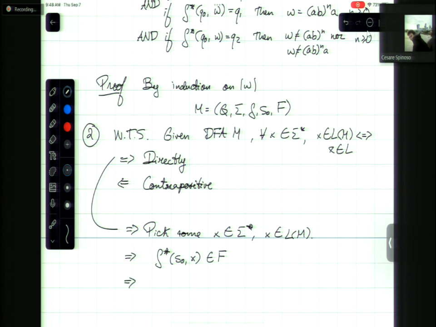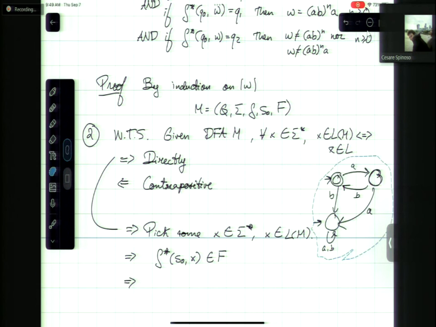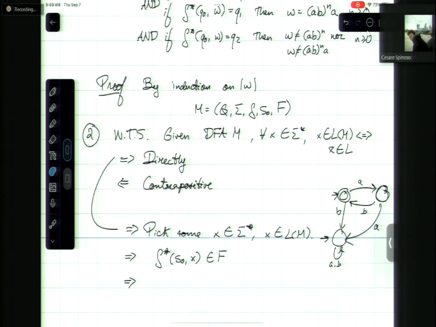Remember, the machine looks like this, where this is Q0, this is Q1, and this is Q2. Because I'm saying that the string leads to the set of accept states, and the set of accept states in this case is only Q0, what this implies is that delta star of S naught and x is in the set containing Q0.